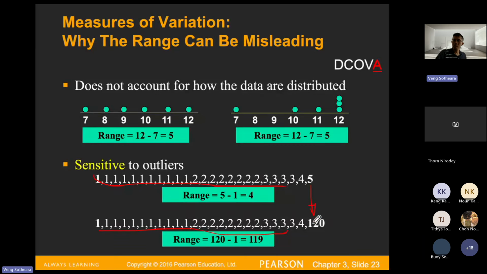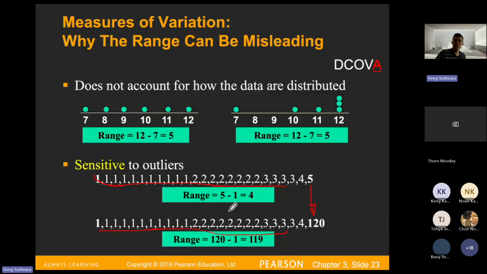Since this value is an outlier, so strange from the rest, it makes the range strange too. But I think the spread of the first and second should be quite similar because the majority of them are identical.